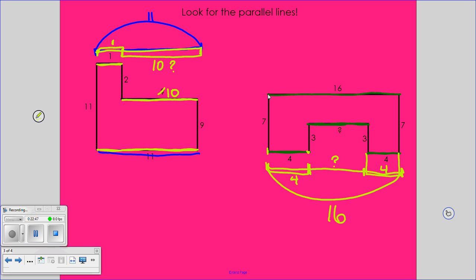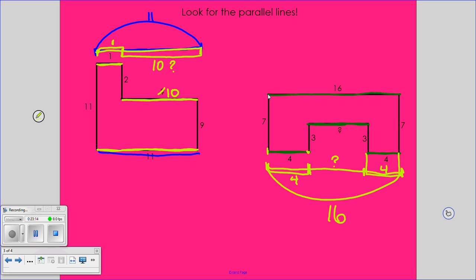So I have a 4 chunk on the left side, a 4 chunk on the right side, and then I have a middle chunk. But I need the whole thing to give me 16. What number is going to fit in there to give me a 16? Okay, so 5 plus 4 is what? 9 plus another 4, 10, 11, 12, 13.